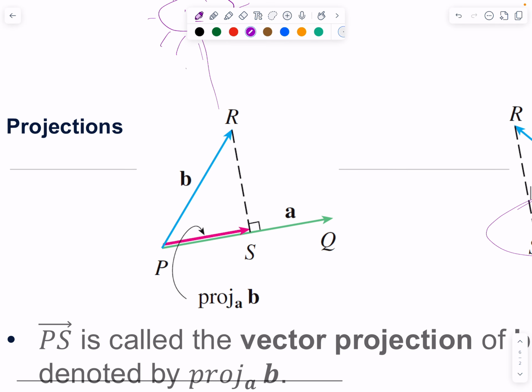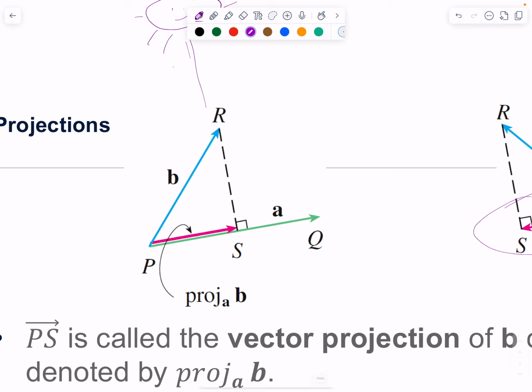I'll start by computing the length of this. Here's the angle between these two, and the cosine of the angle is going to be A dotted with B over the magnitude of A times the magnitude of B. That's the cosine of that angle.